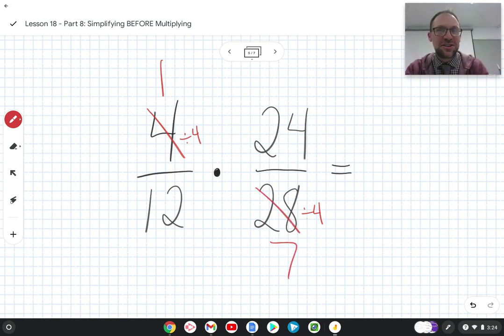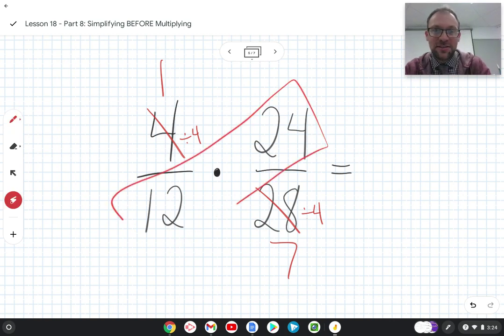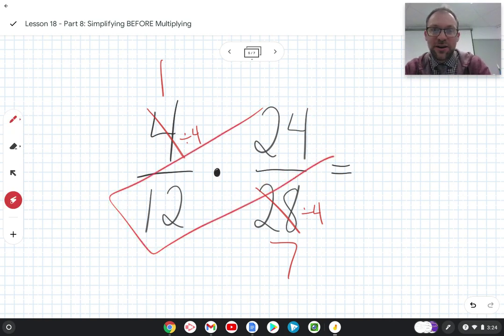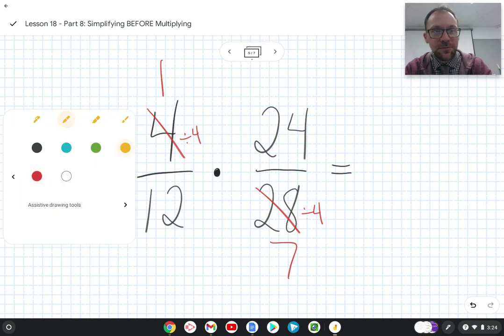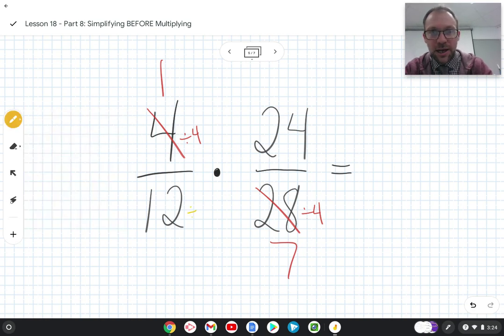And here's the thing. I can look at the other pair. I can now focus my eyes on this pair of numerator and denominator, even though they're not in the same fraction. This is crazy. And I got a 12 and a 24. 12 times 2 is 24. So I can divide 12 by 12, and I can divide 24 by 12.